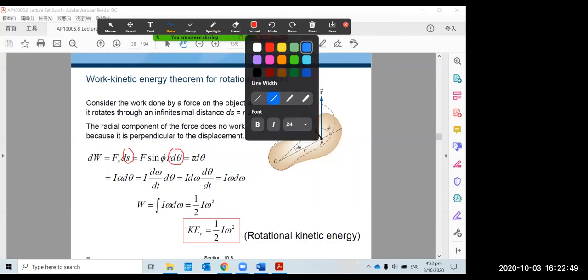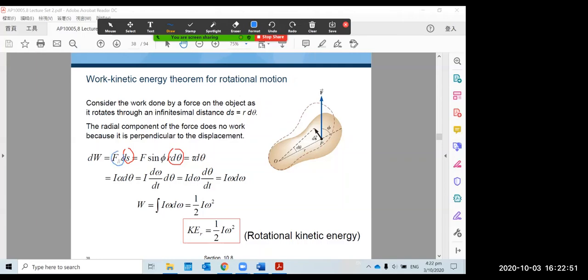And at the same time, the force parallel to displacement is F sine phi. Grouping them together, F r sine phi is equal to torque.